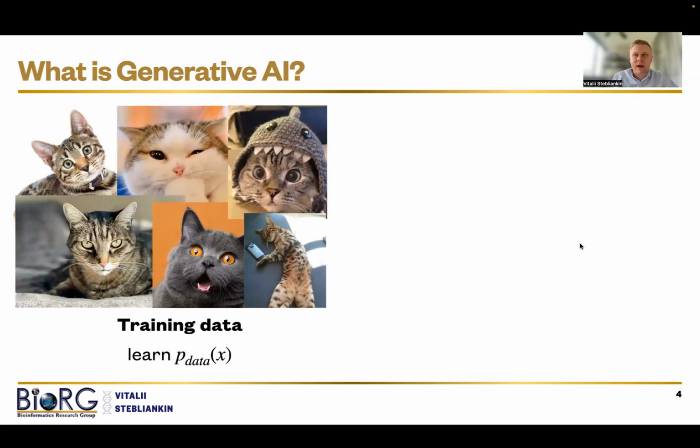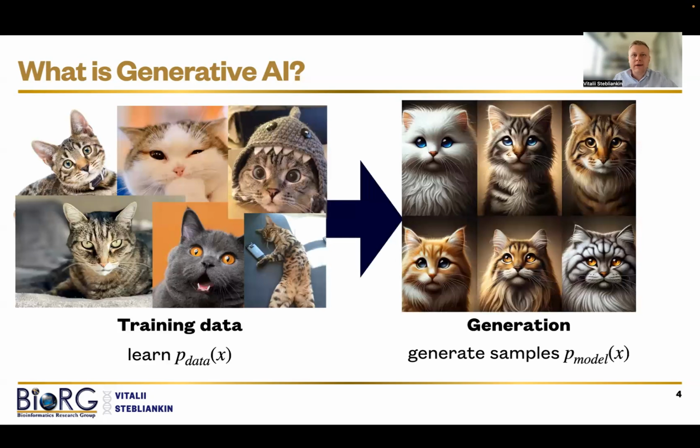Imagine that we have a lot of pictures of cats, millions of cats in the database, and the goal is to train generative AI so that it learns the distribution of this data such that it can generate samples close to this distribution. So the model will learn what cats look like.